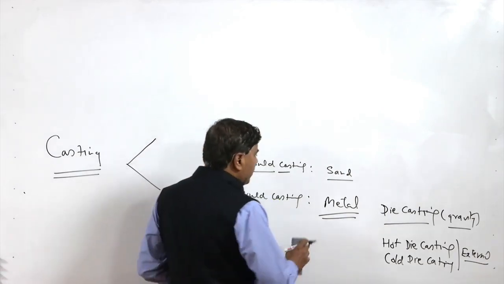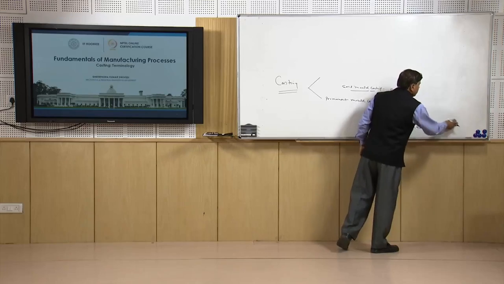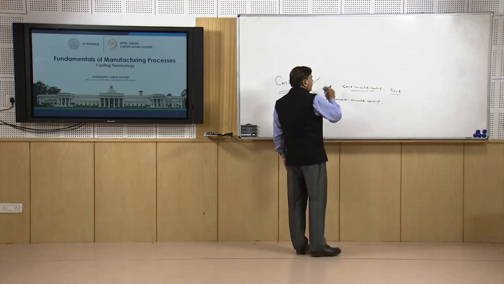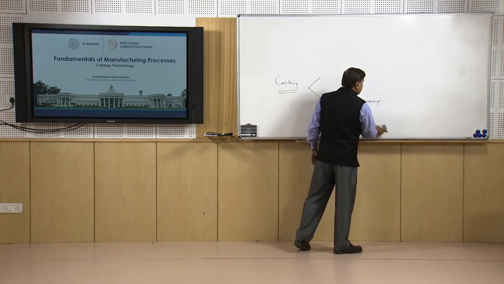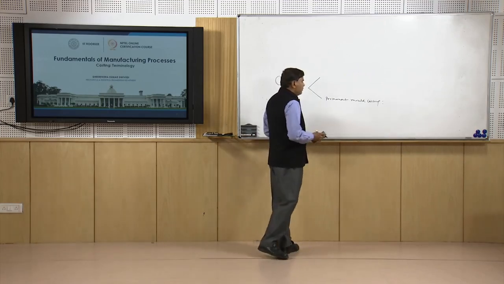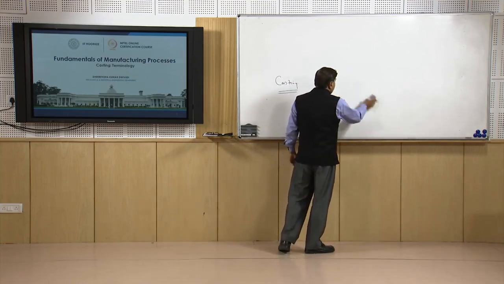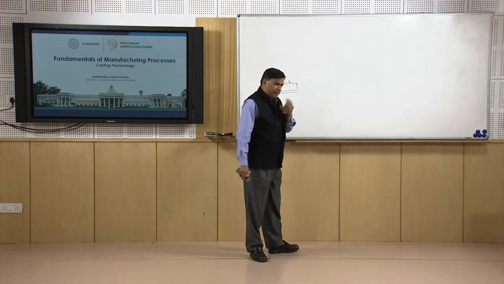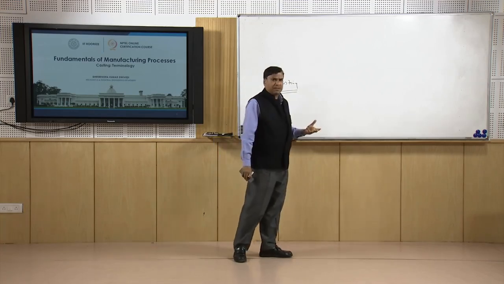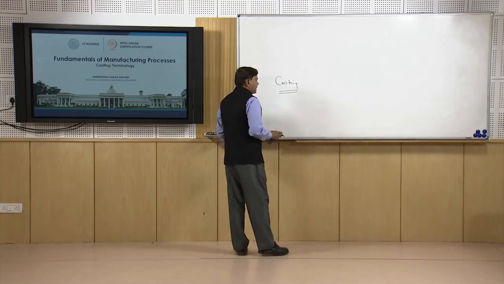The permanent mold casting is justified for large volume production, as well as where good surface finish and close dimensional tolerance are required, while for other cases where the volume of production is limited and the final size and shape can be realized using subsequent machining processes, sand mold casting is more economically justified.